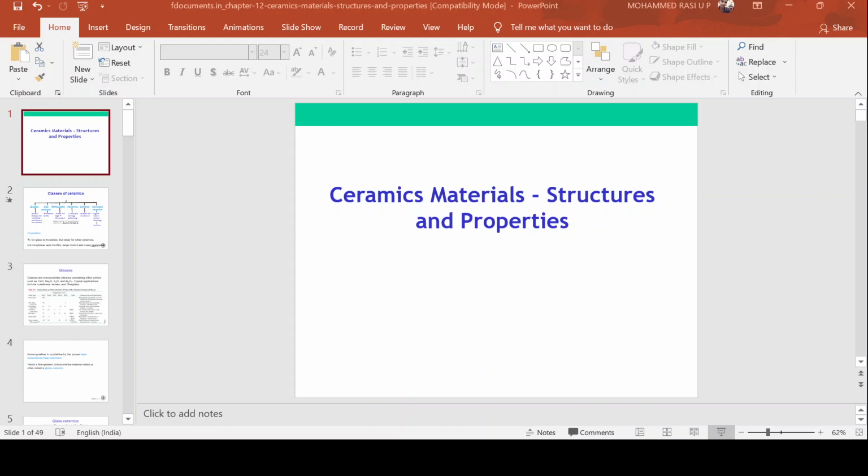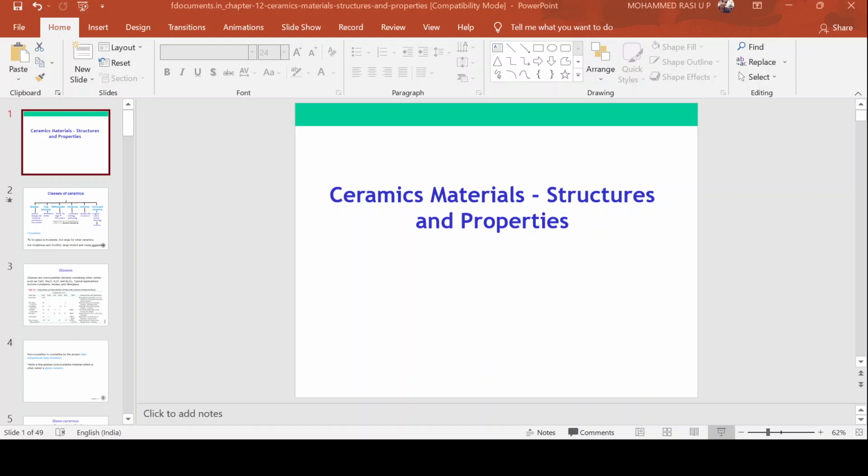Another type of crystal structure that you can usually see in ceramics is the fluorite structure. In the fluorite structure, as I said, calcium fluoride is an example, where the cations will be in cubic sites.